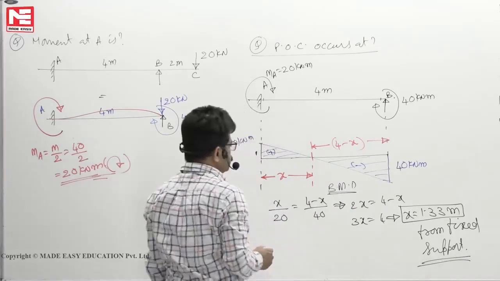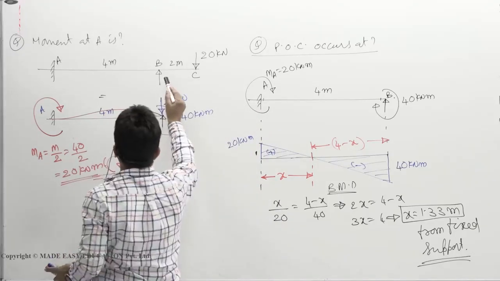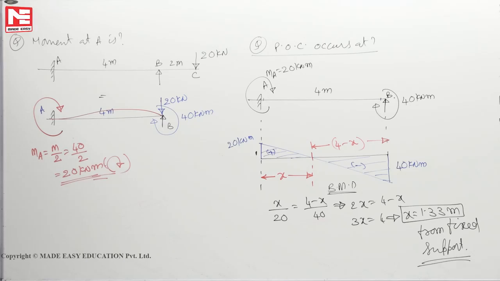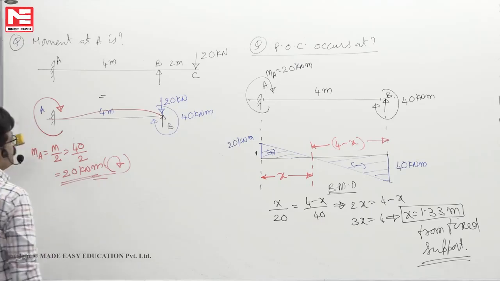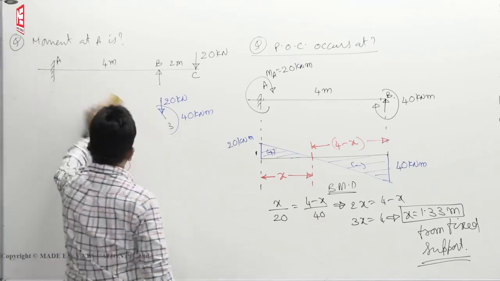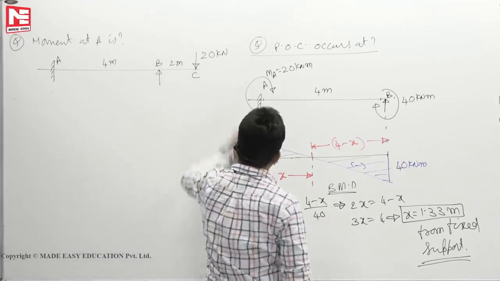Okay. Now, let us see what are the support reactions at B. This I remove. This also I remove.